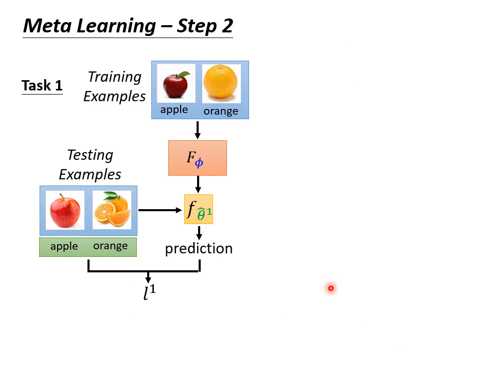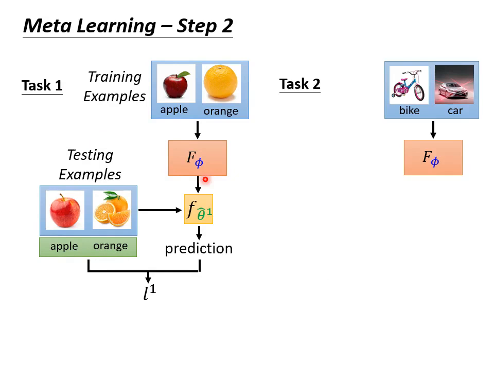Then we have a bad learning algorithm. And besides task 1, we have a set of training tasks. So from task 1, we compute L1, to know how good the learning algorithm is. Then for task 2, we also have the training example of task 2, and based on the learning algorithm we also learn a classifier F theta hat 2.